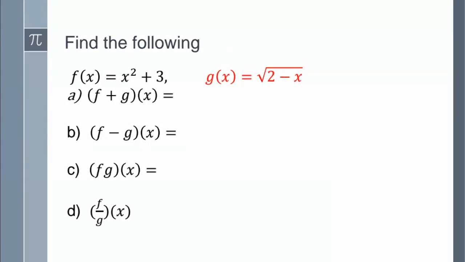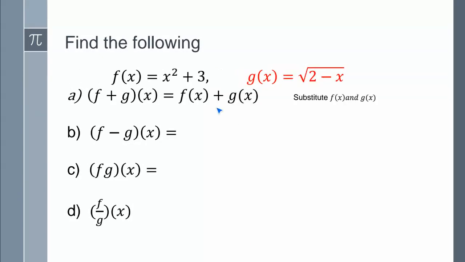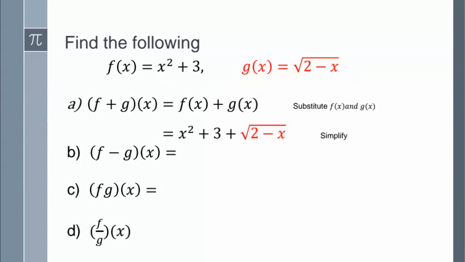Okay, so let's do one more example. So we have f of x equals x squared plus 3, and g of x is equal to the square root of 2 minus x. So we want to add, as Mr. Carizales says, we want to rewrite this so that it's a little bit easier to read. So we have f of x plus g of x, and we can substitute those values. And so we end up with x squared plus 3 plus square root of 2 minus x.